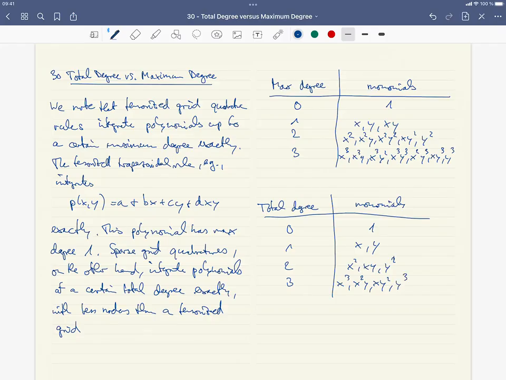So you see that those are two different notions of what the degree of a polynomial is. Both are legitimate. You see that in one version of it, the total degree, I'm much more conservative about what it means to call a polynomial a high degree polynomial. On the other hand, in max degree, it's far more polynomials that I say are of a certain degree.